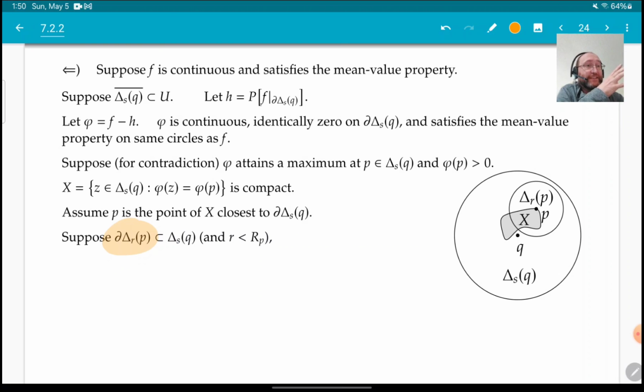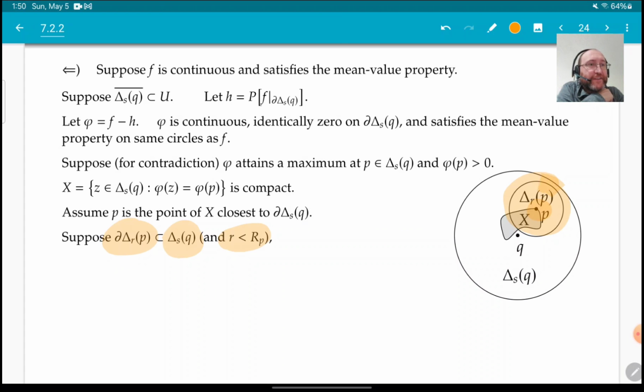So we put a little disk around P over here, right? This guy that's still inside, actually well inside this disk. It's inside the interior of this disk, and r is also less than this capital R of P. So we know that this is going to be one of those disks where f satisfies the mean value property, right?